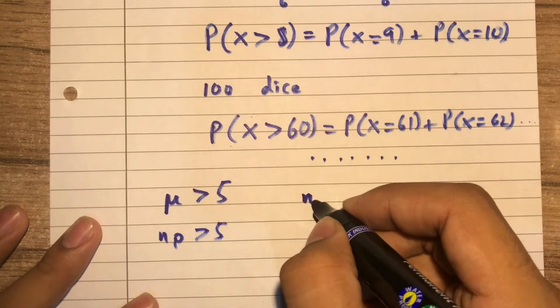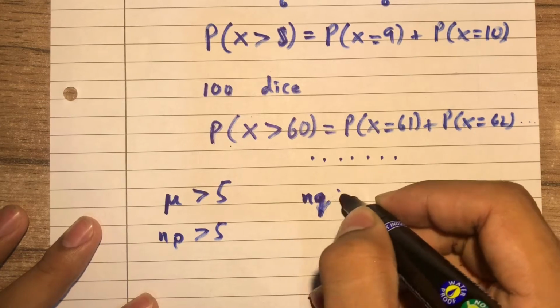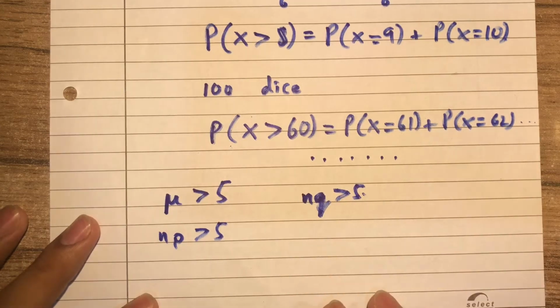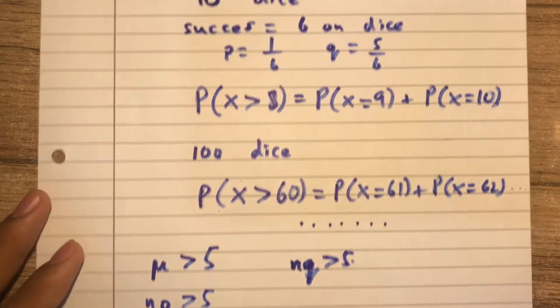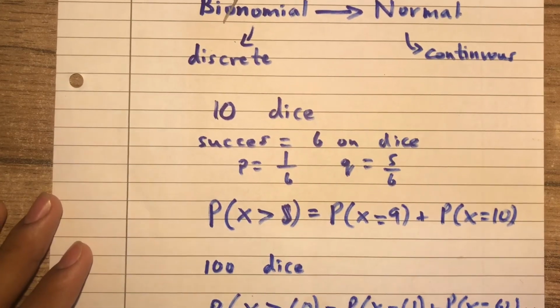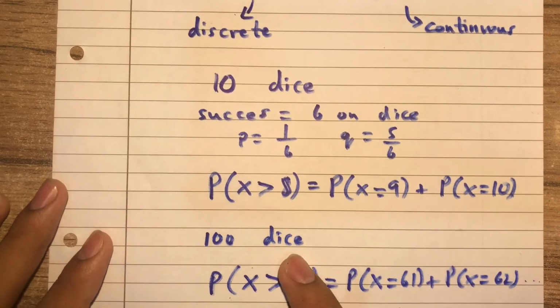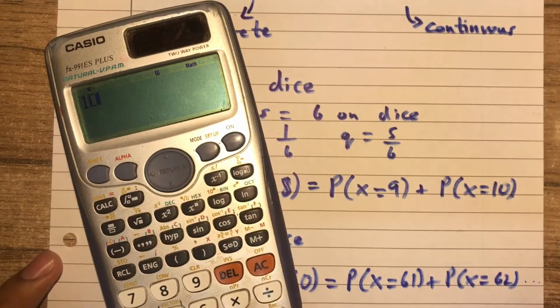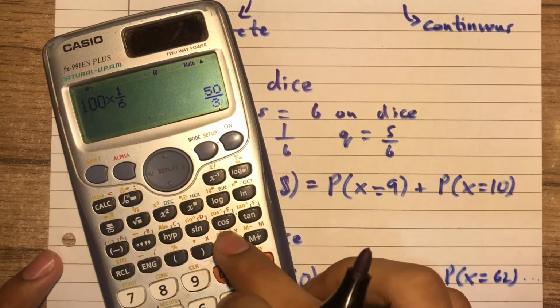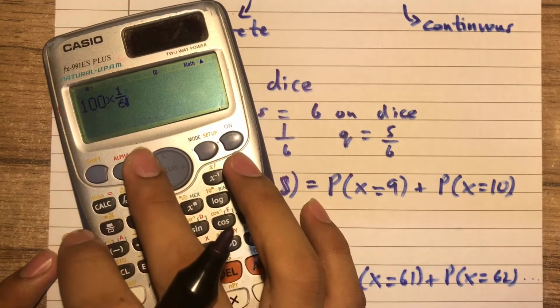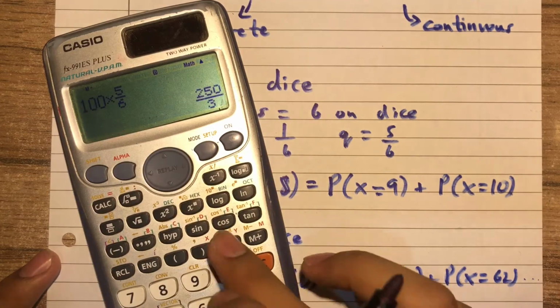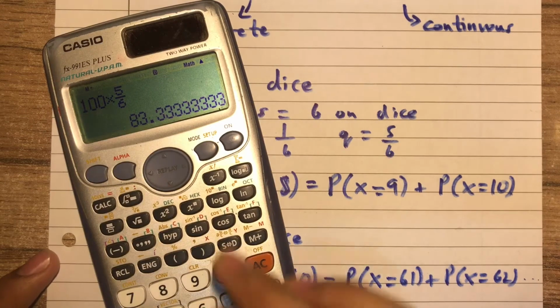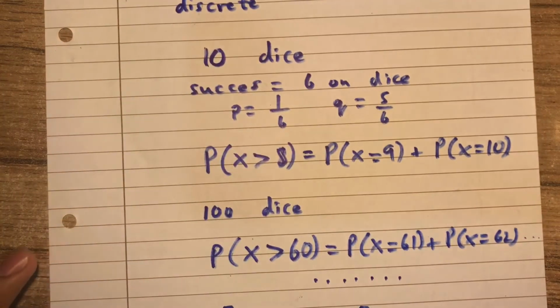Similarly, NQ should also be greater than 5, right? So for example, over here we had probability as 1 over 6 and 5 over 6 and 100 dice. So 100 times 1 over 6 gives us 16.67, and then 100 times 5 over 6 gives 83.3. So over here we can apply approximation as the conditions are met.